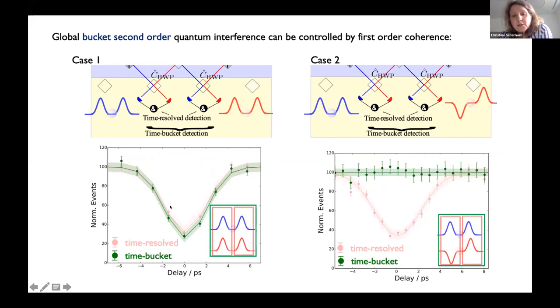And then you see in the first case, because they're identical, these 2 photons in a superposition state, that you get a nice homomodal interference back. While in the second one, you don't get in this non-local second order interference any quantum interference. So you control nicely for the first order occurrence, the second order coherence.